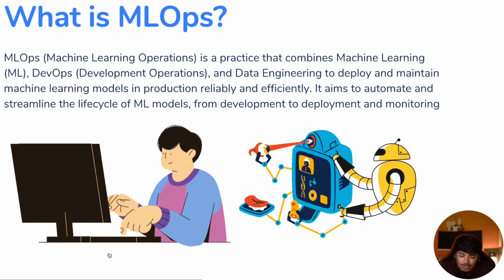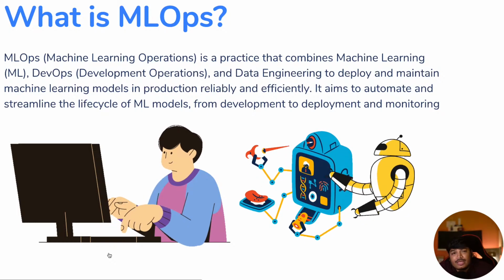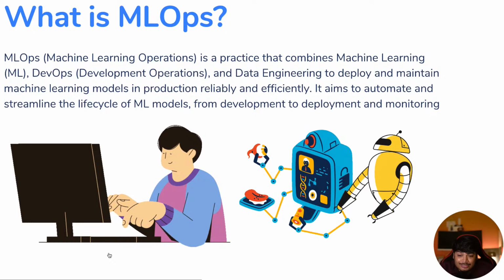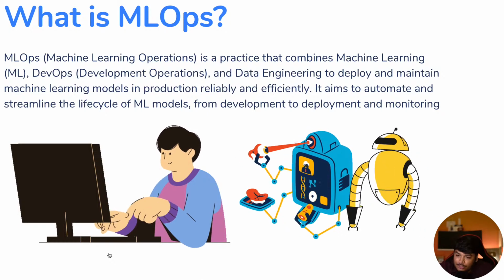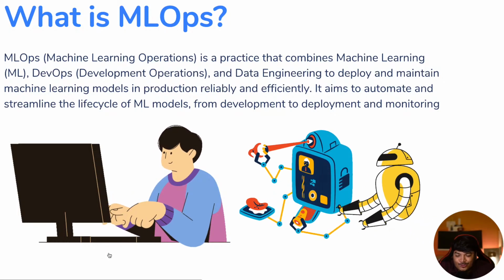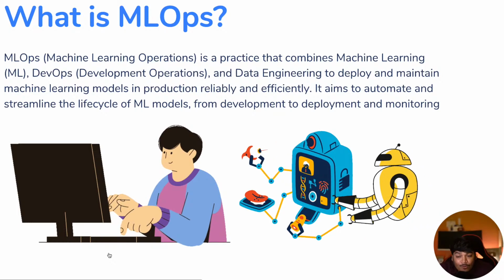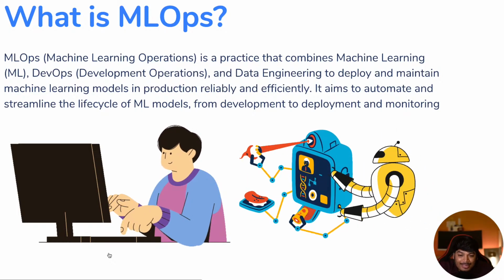Now, what exactly is MLOps? First of all, what is the full form of it? The full form of MLOps is machine learning operations. This is a practice that combines machine learning, that is ML in short, DevOps, which is development operations, and data engineering to deploy and maintain machine learning models in production reliably and efficiently.